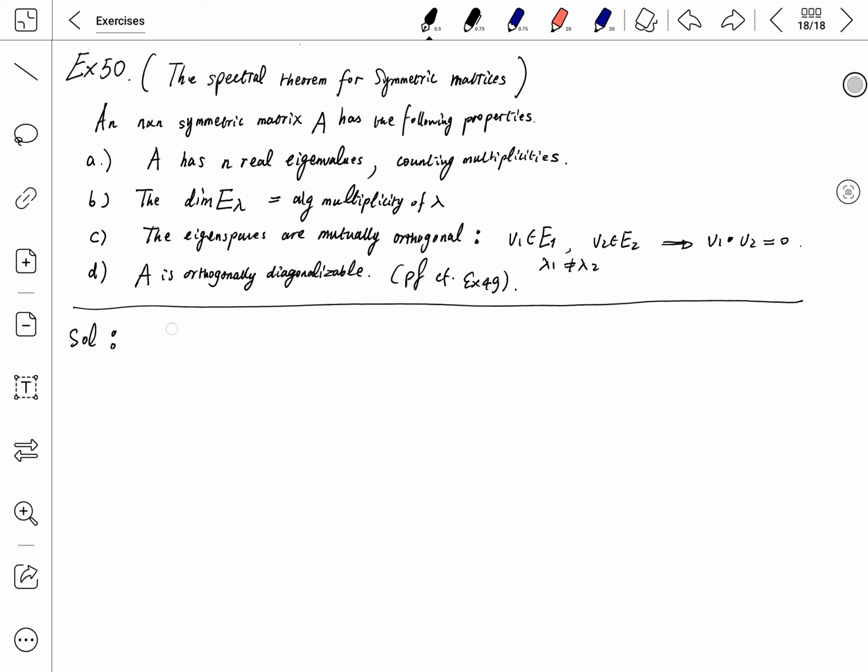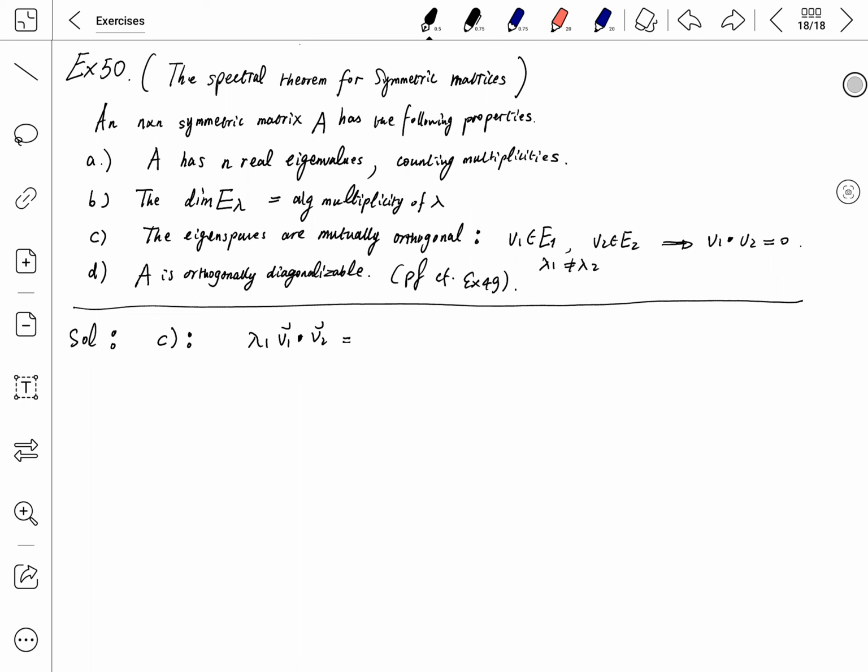Let's first see this C. So notice that you have v1, v2.